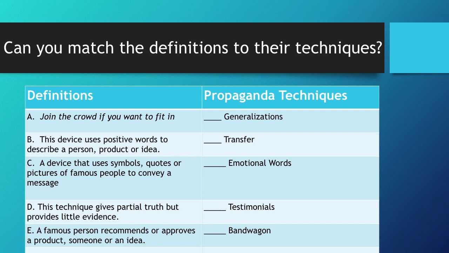Let's go to B. This device uses positive words to describe a person, product, or idea.